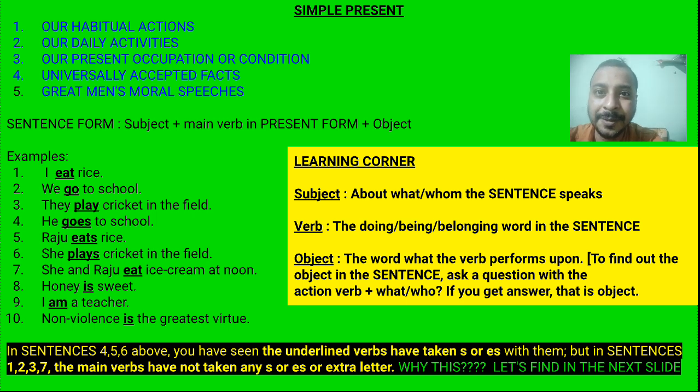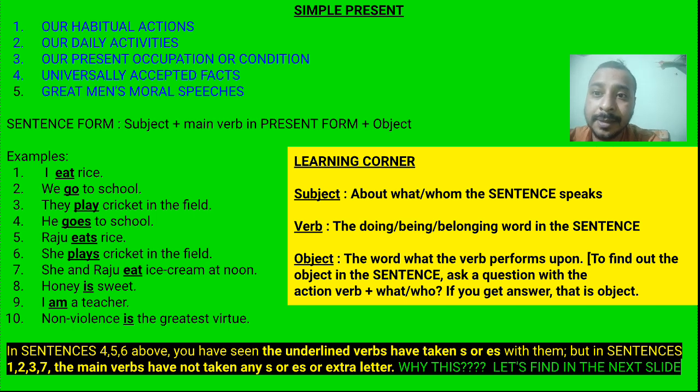But I know now you have a confusion about what is subject, what is verb, and what is object. I have explained it on the screen, the yellow part, the learning corner. In this learning corner, you will learn what a subject is, what a verb is, and what an object is. Okay? So listen carefully and see also.